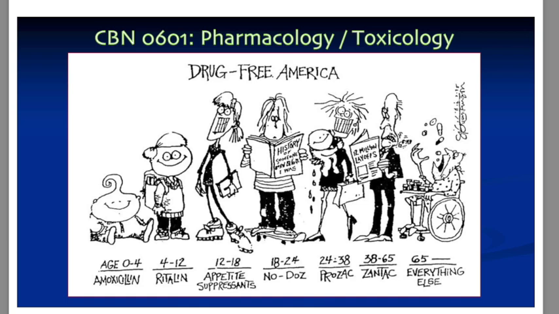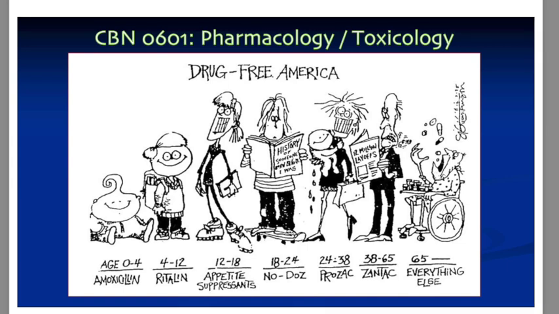In summary, we have covered the two fundamental components of pharmacology, pharmacodynamics and pharmacokinetics. Pharmacodynamics explores the mechanisms of drug action at the biochemical and physiological levels, including drug-receptor interactions and the concepts of agonists, antagonists, and inverse agonists.